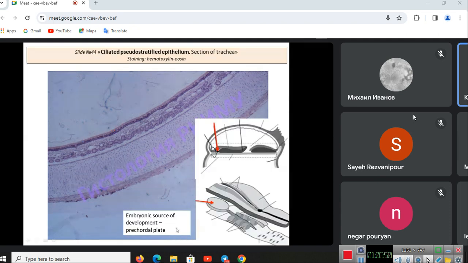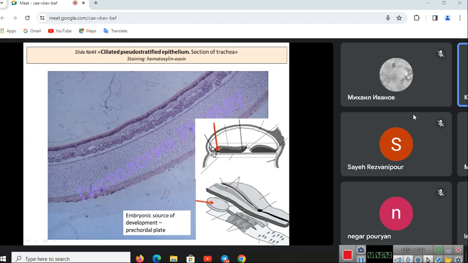Embryonic source of development of this epithelium is precordal plate, which originates as a result of migration of the cells through the Hensen's node during the second stage of gastrulation, immigration.